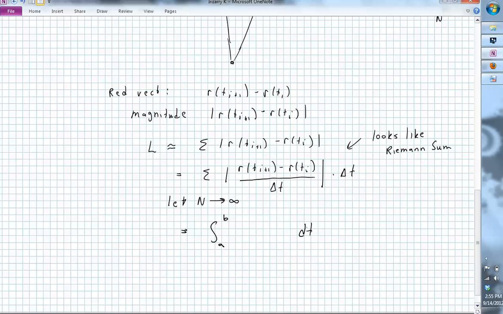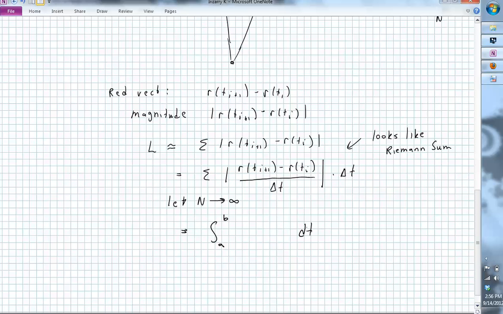It's getting closer to the slope. The thing inside the vertical bars is starting to look like r prime of t. That's the definition of r prime of t in a sense. It's the limit of the difference quotient as delta t goes to 0.